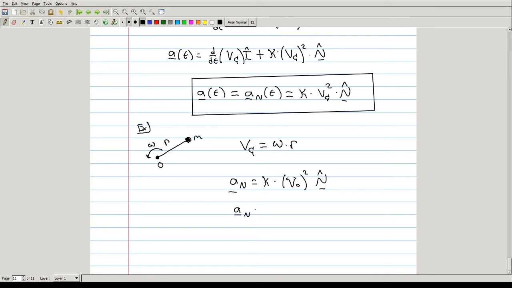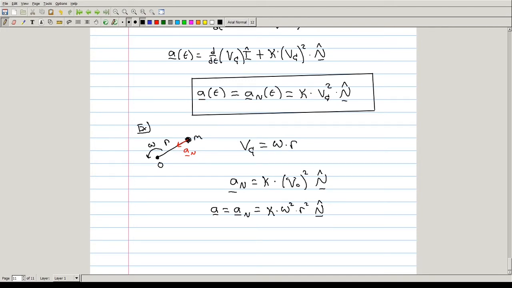which means that the normal component of acceleration is going to be kappa times omega squared times r squared times n. And there will be always a positive acceleration that points in this direction. But the tangential acceleration is 0, so the total acceleration here is just equal to this centripetal acceleration.